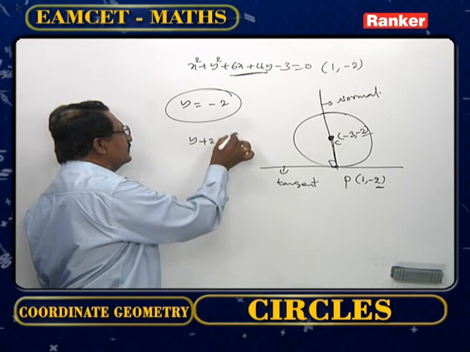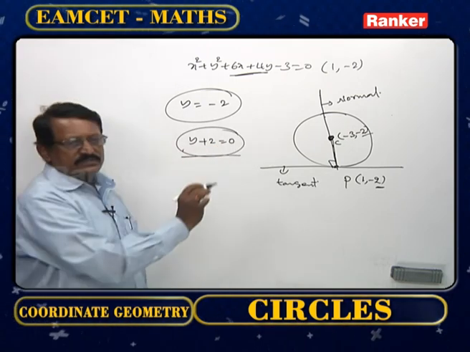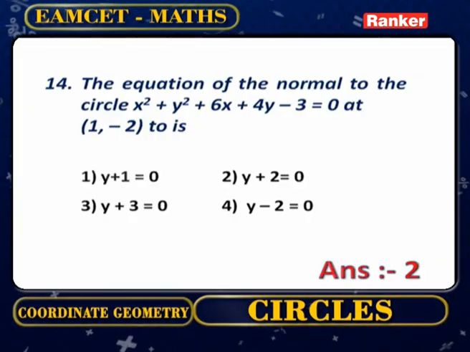The equation of the required normal is y plus 2 equals 0. Second option.